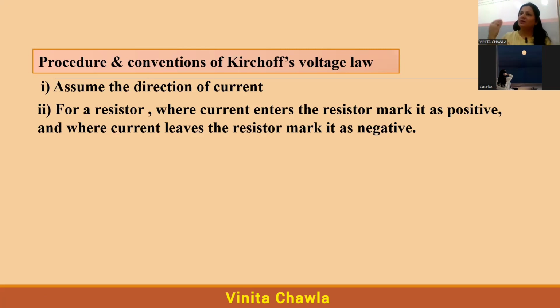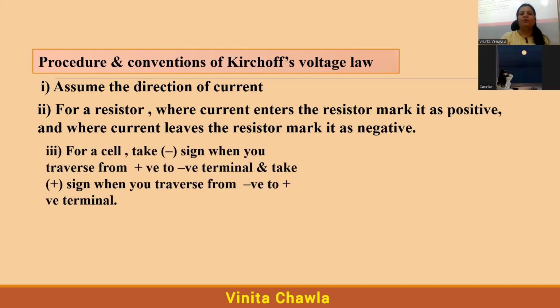For a cell, take a negative sign when you traverse from the positive to the negative terminal, and take a positive sign when you traverse from the negative to the positive terminal.